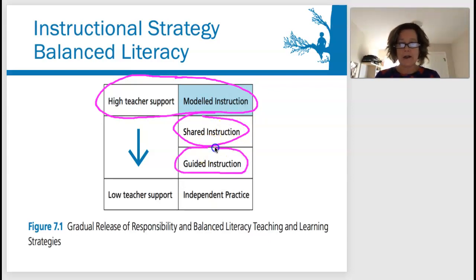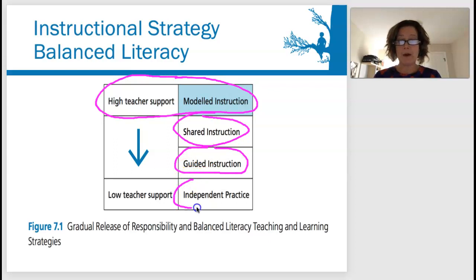This is where you are working in your small groups and you are guiding the students in a particular concept, and you have assessed that this child needs help in this particular concept or would benefit from some enrichment in this particular concept, and so that is in small groups.